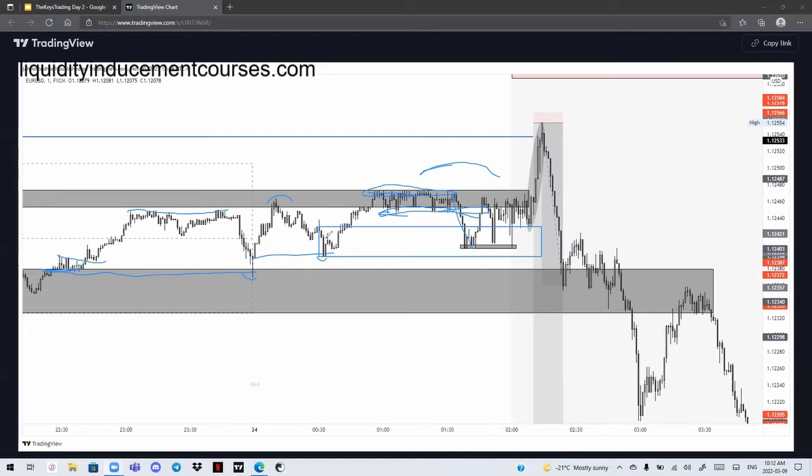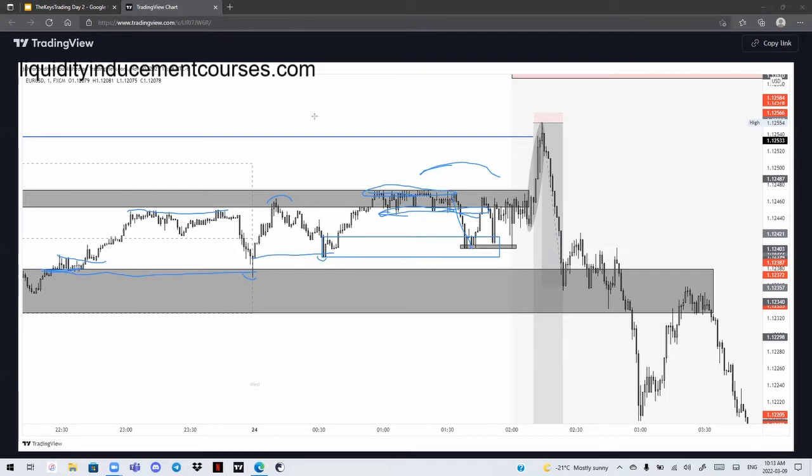So I highlighted this zone because it's the last one, and that's usually where price goes to. So this would be the order block.